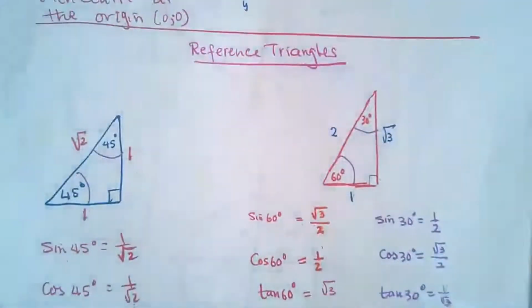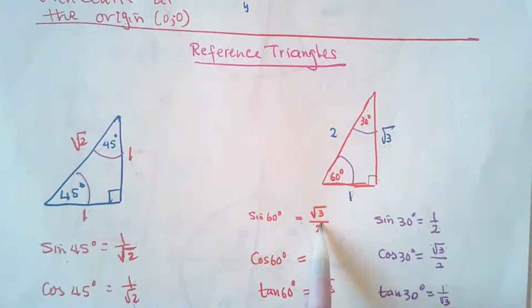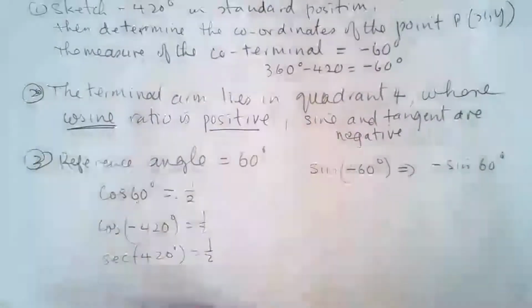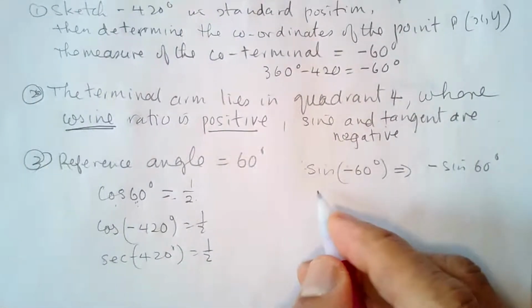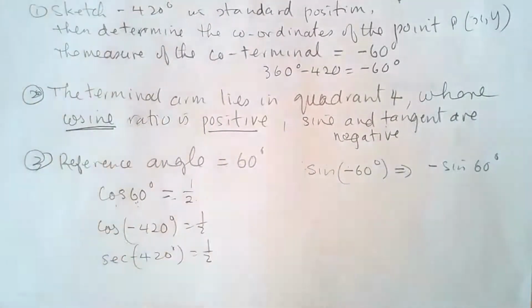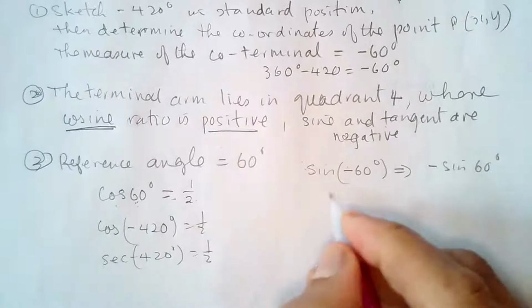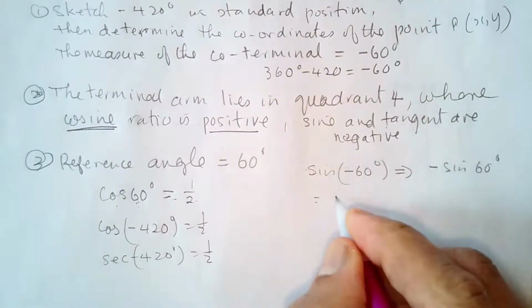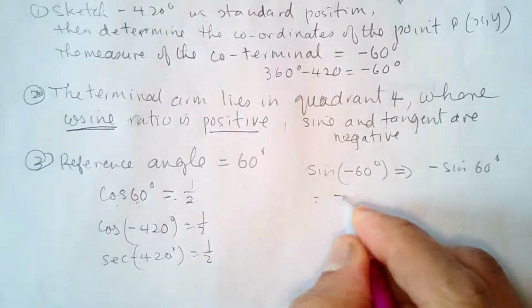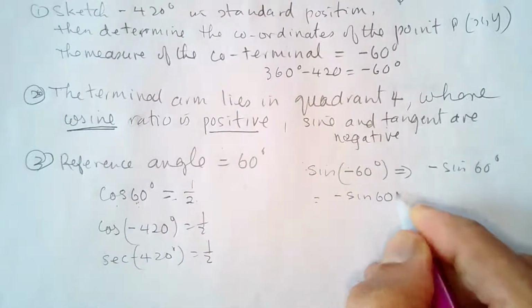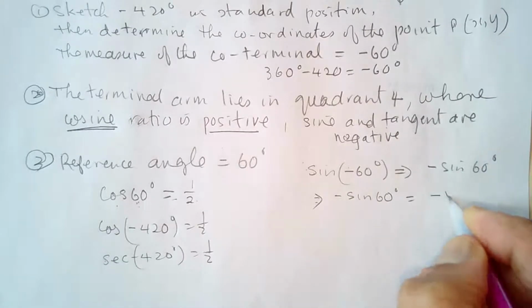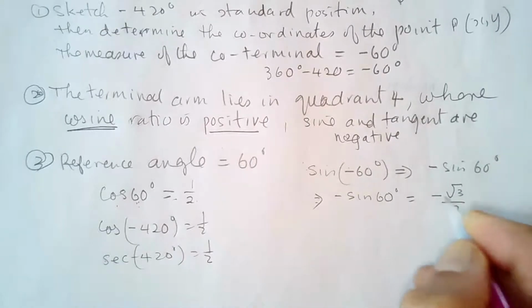So sine 60 degrees is root 3 over 2. So more reference triangle. Because it's in quadrant 4, it's negative. So negative sine 60 degrees is equal to negative root 3 over 2.